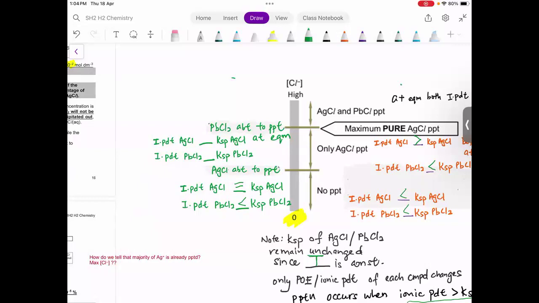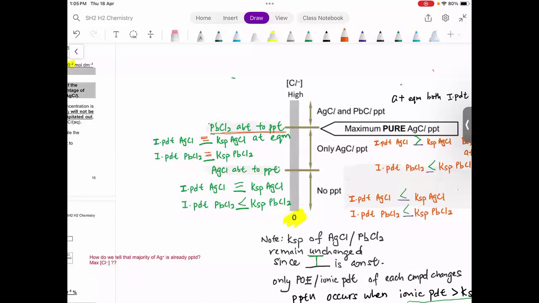So the moment your lead chloride is about to precipitate, the ionic product must be equal to Ksp. And at this moment, when equilibrium is attained, the ionic product of silver chloride also equals Ksp. So do I want to continue adding sodium chloride?